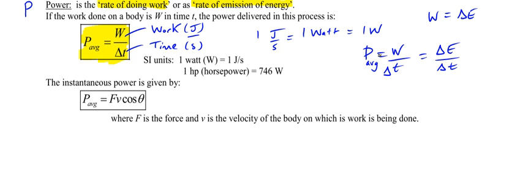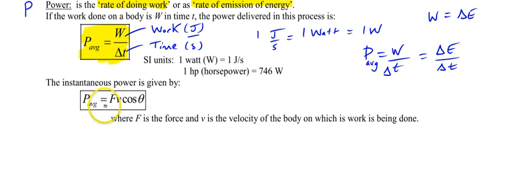But often many devices are doing work, but they're not doing it at a constant rate. So even if the work is being done at different rates, you could still find the power at some specific instant in time. And when you're finding the power at some special instant in time, that is called the instantaneous power, which is given by this equation.